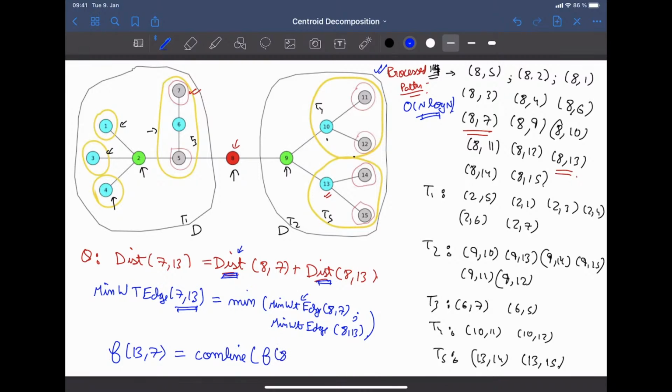So f of 8 comma 7 and f of 8 comma 13. You can do this, and you can answer any query involving a function f by pre-processing the f values only for n log n paths. You can answer any query between two nodes x, y by preprocessing them for n log n paths only.